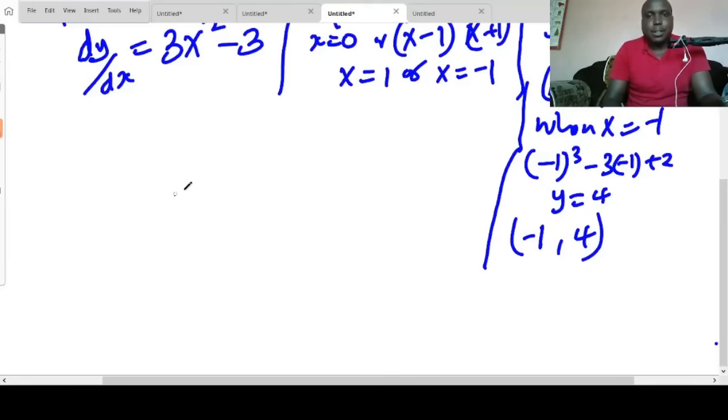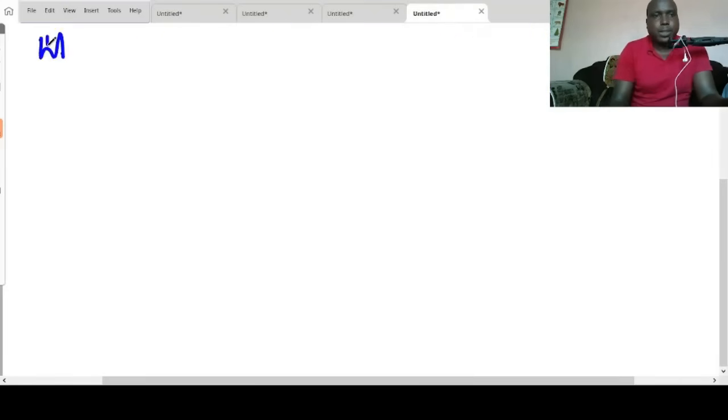So we go to part B, because this question will be divided into part A, B, like that, but now we are doing it generally. So to determine which stationary point is maximum or minimum or point of inflection, we are going to draw a table like you can see here. At the point (-1, 4), we want to check whether this one is maximum or minimum.